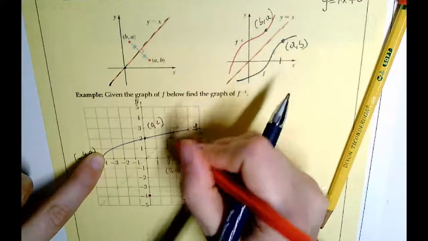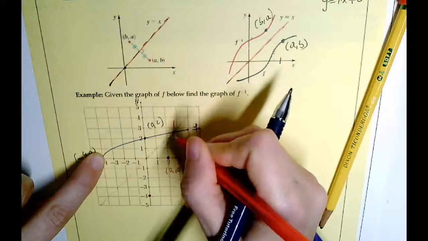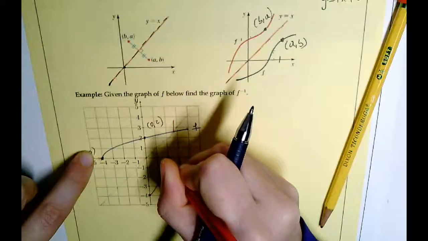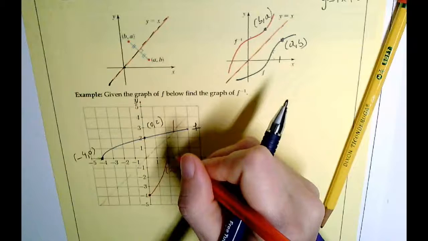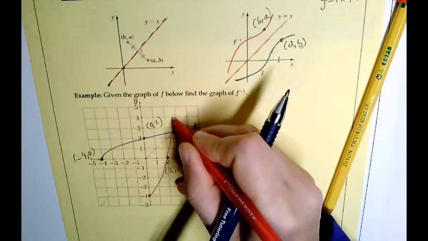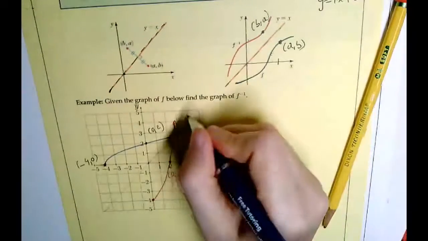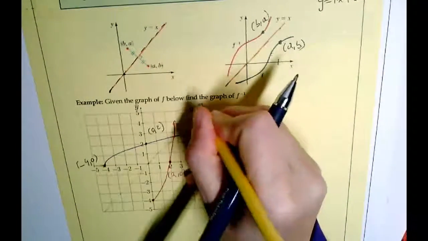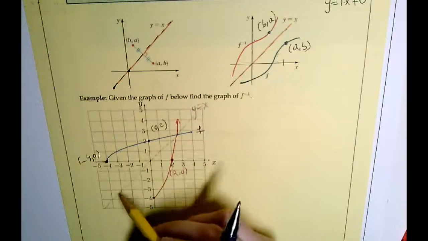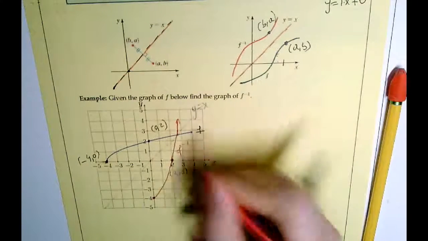So it's going to be something like that. And then this portion right here is going to be like that. Okay, so this is y equals x. My function f, the blue one, was this, and then I followed some points. Reflection by y equals x is going to give us f inverse.